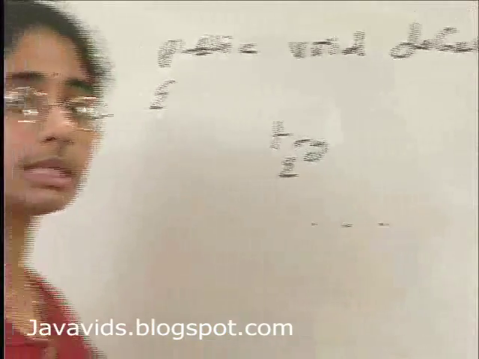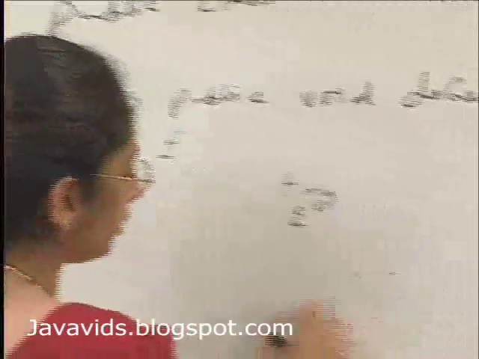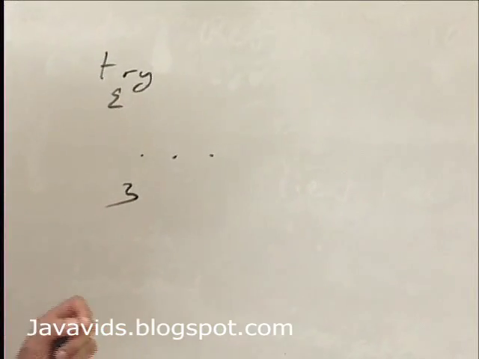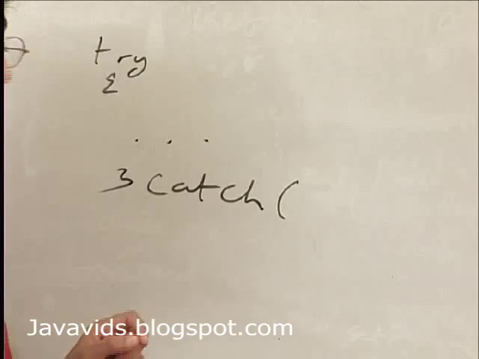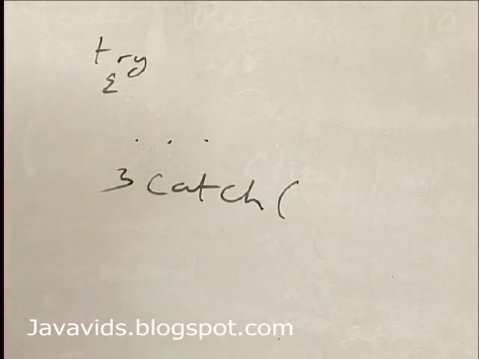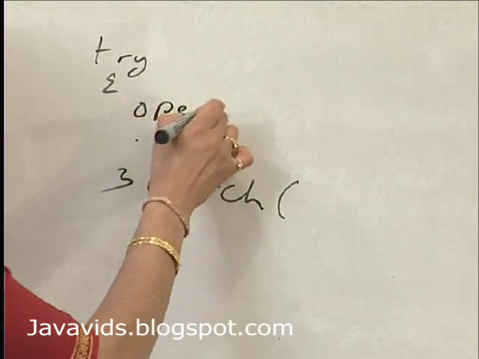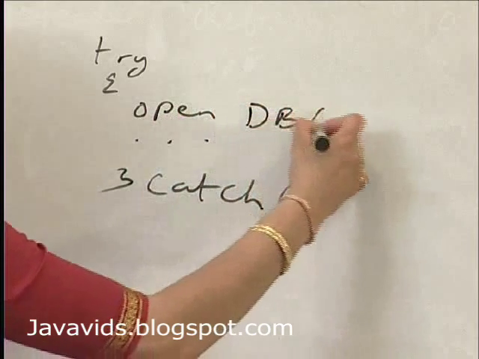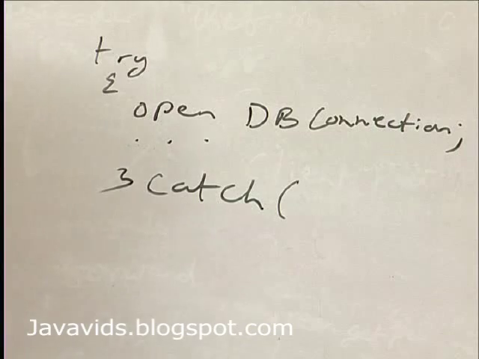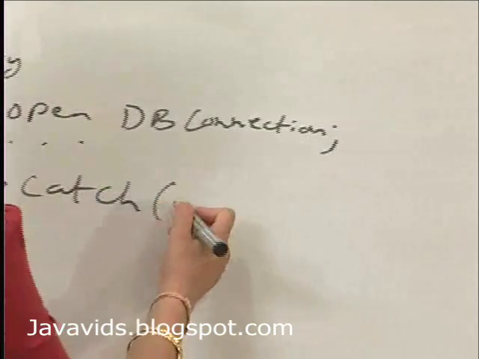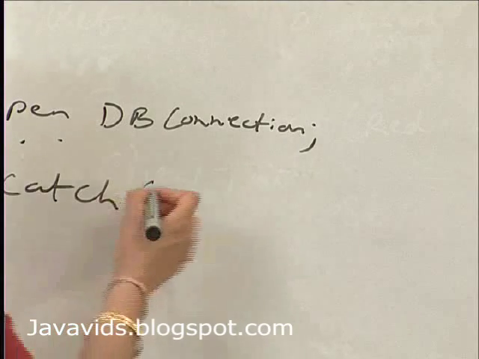In the try block, you have a set of instructions to be executed. Close the try. You'll have your catch block. Maybe here you're trying to open a DB connection, let's assume. So which means you're going to get a SQL exception.